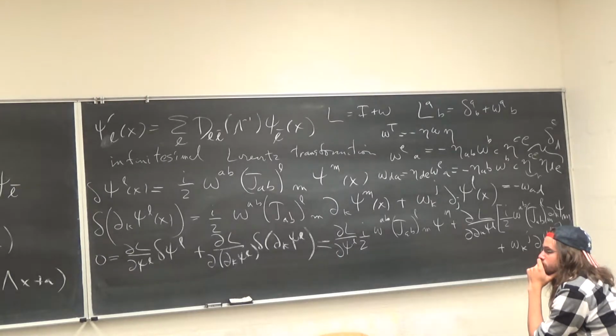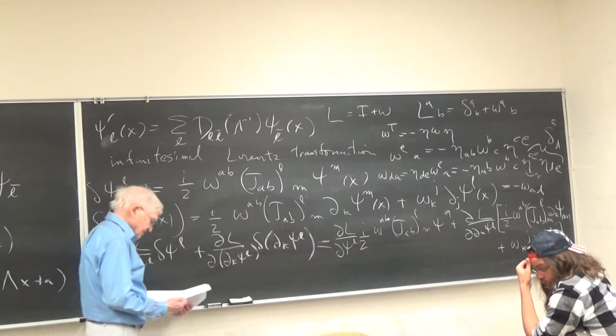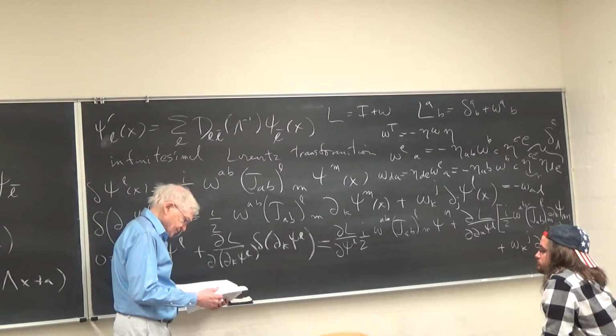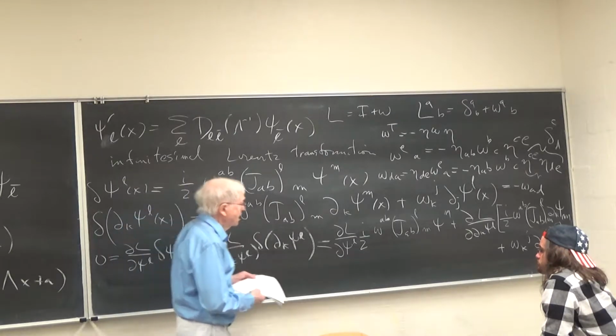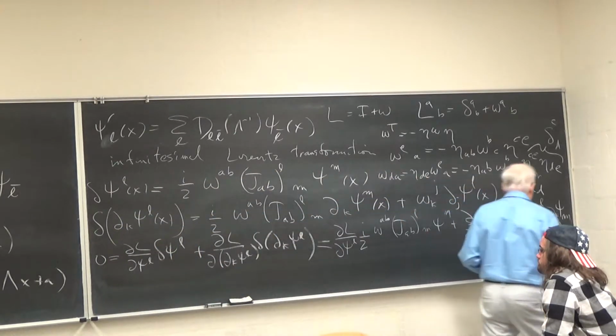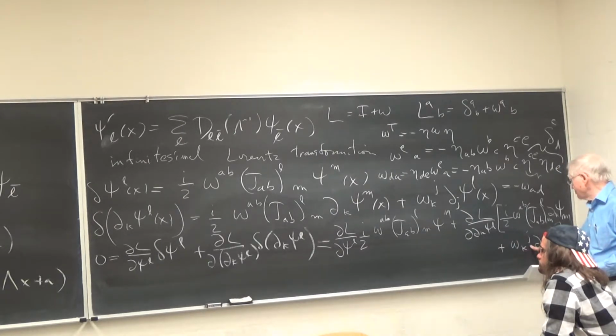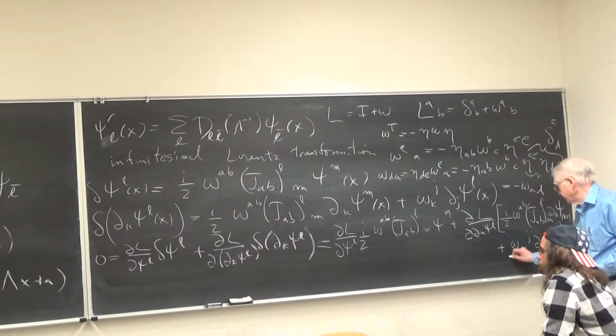Okay, so we know then that omega is anti-symmetric. And so we're going to use that in a moment to rewrite this last bit here.